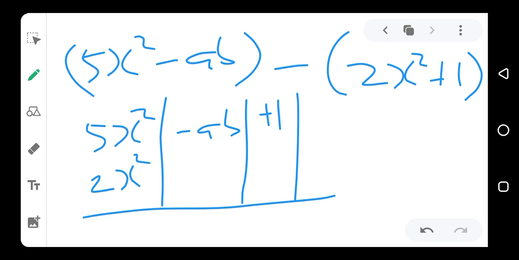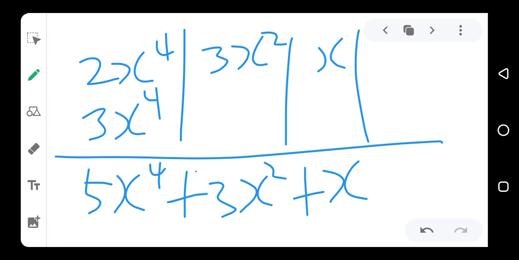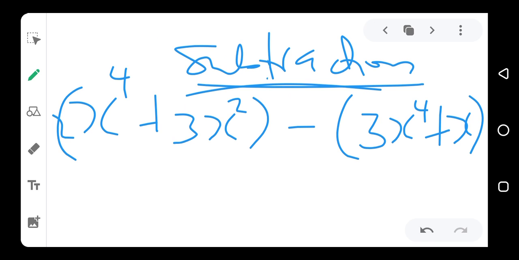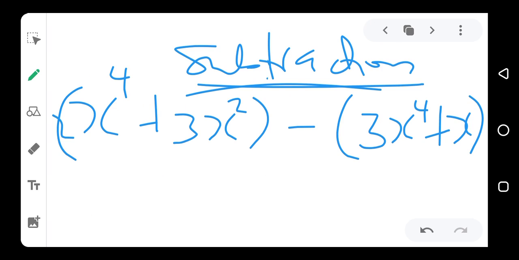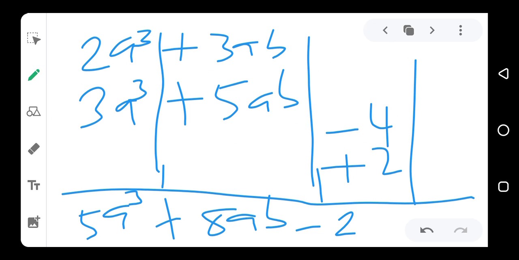Now we add, 5 plus 2 is 7. So we have 7x raised to power 2. We bring this one down, minus ab plus 1. So even in this place, we have to always put the sign. This is plus.